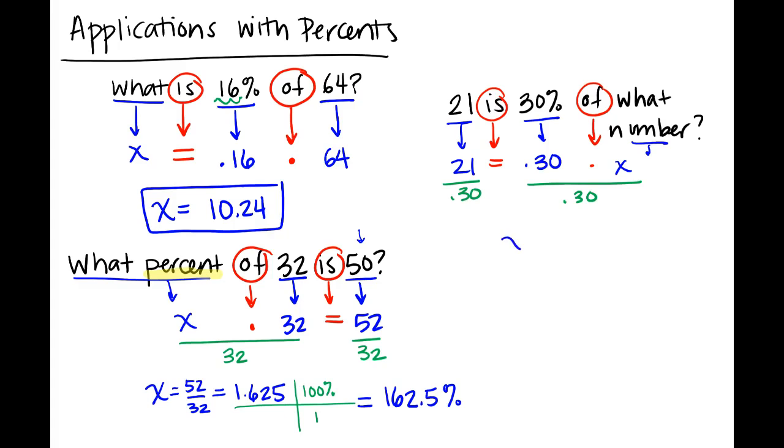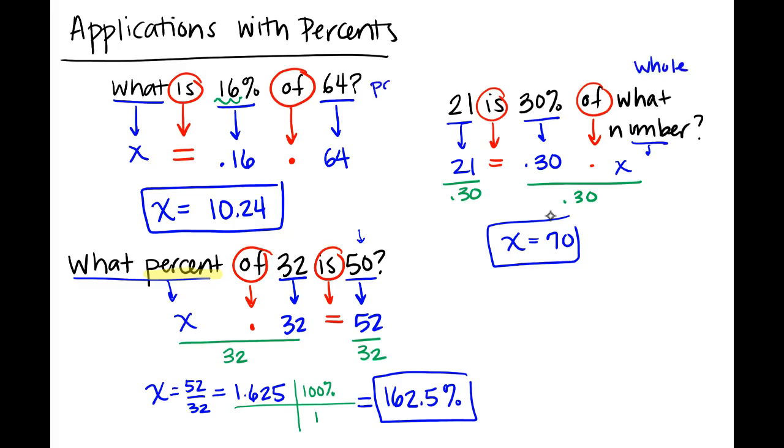And if I just type that in my calculator, I get that x is equal to 70. So those are all three ways. In this case, we were looking for the whole. Here we were looking for the part. And here we were looking for the percent itself. So that's all three ways that this question can go.